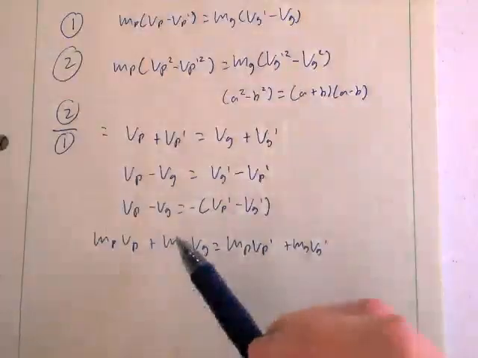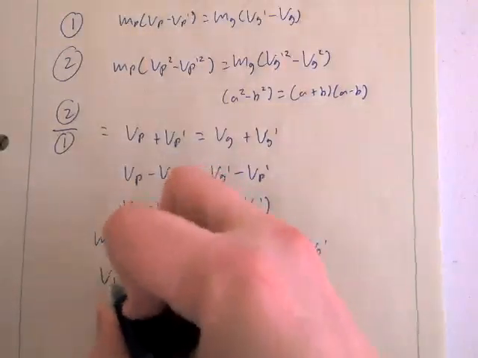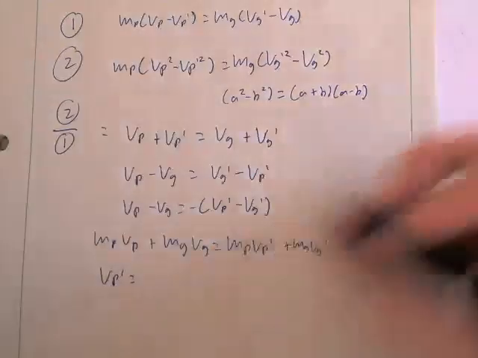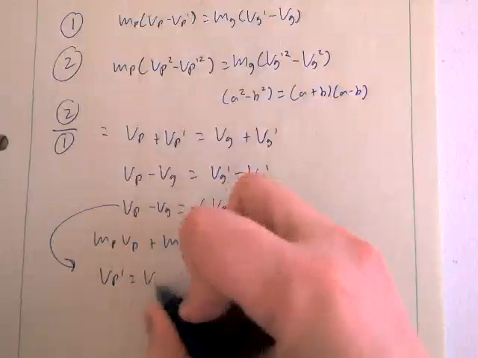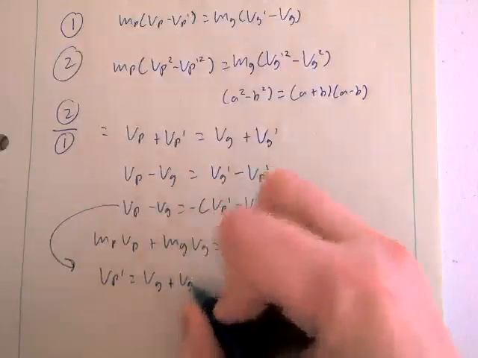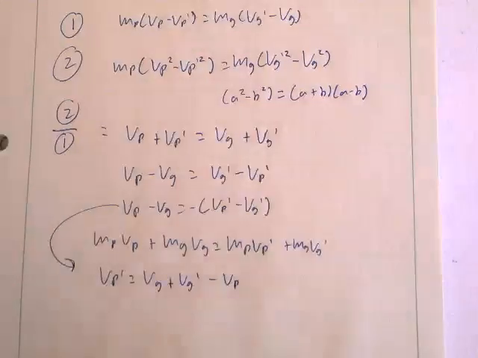So let's go ahead and solve for our vp prime, for instance, and then plug it into that one. So I can rearrange this slightly. Vp prime, from this one, ends up being vg plus vg prime minus vp.